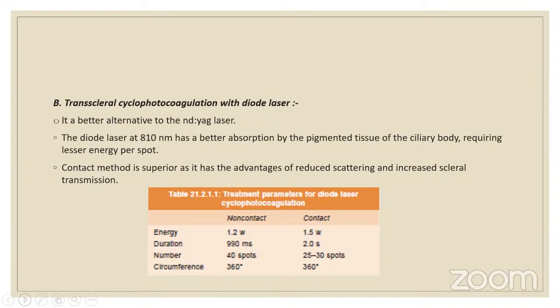In the non-contact method, energy is 1.2 and in contact 1.5, and the duration is 990 milliseconds in non-contact and 2 seconds in contact. Spot numbers are 40 and 25 to 30 spots, and circumference is 360 degrees in both.